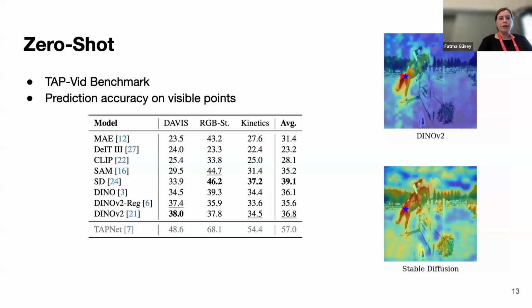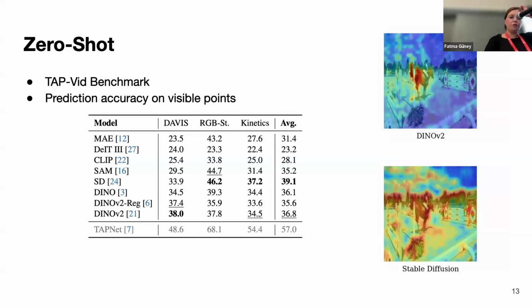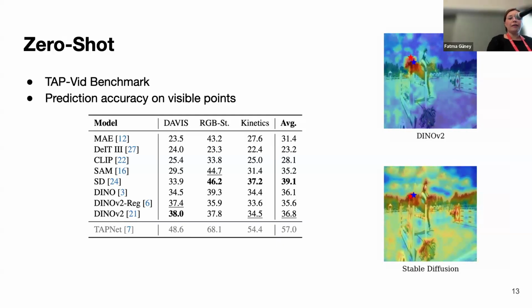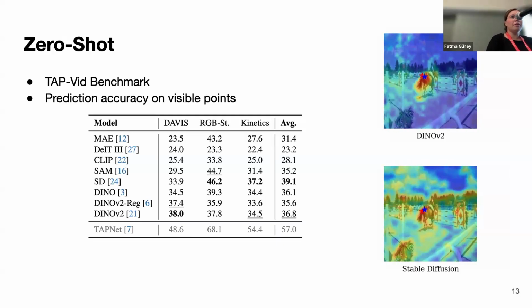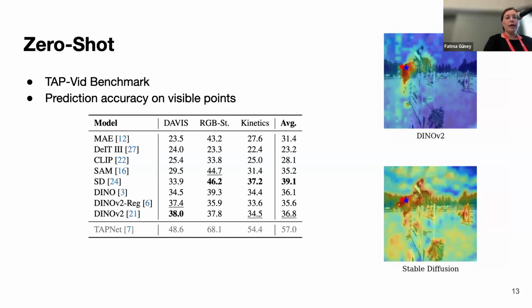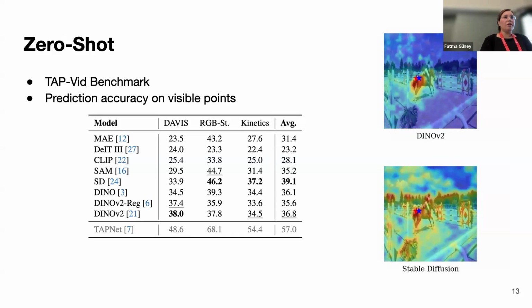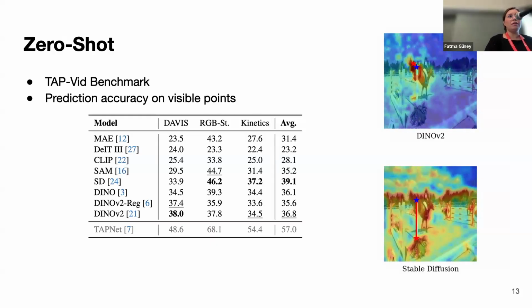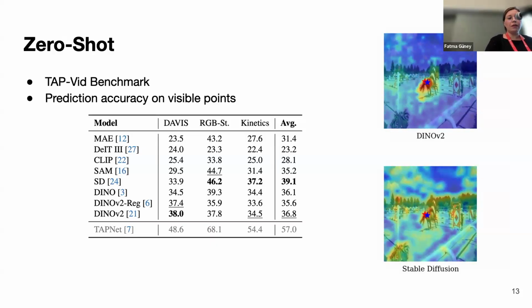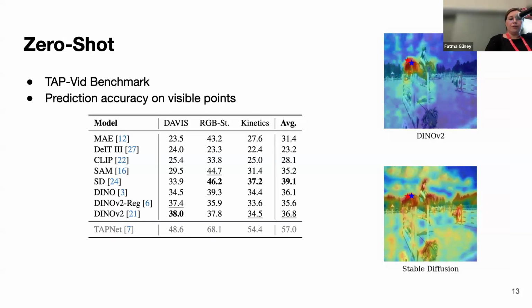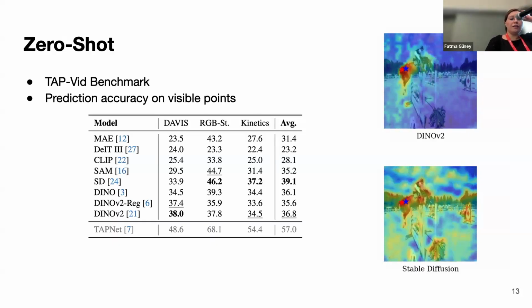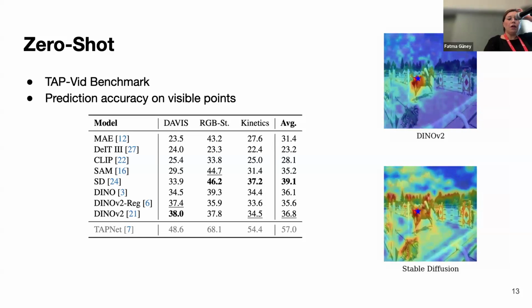And now here you see the performance of the foundation models in comparison to a supervised model, TAPNet. TAPNet is our anchor point below, okay? So let's start with DAVIS, the leftmost column. On DAVIS, we see that DINO models perform the best. Then on RGB-Stacking in the middle column, we see that Stable Diffusion and SAM outperform DINO.